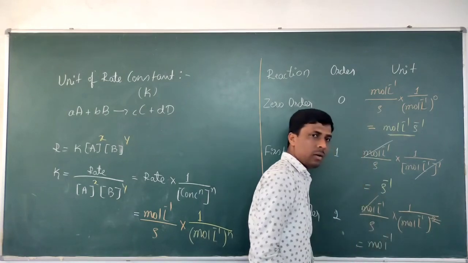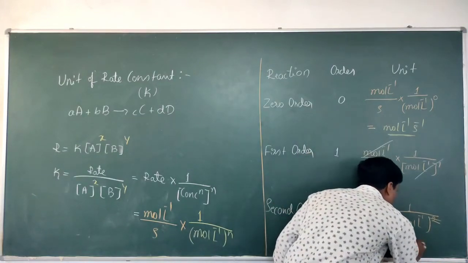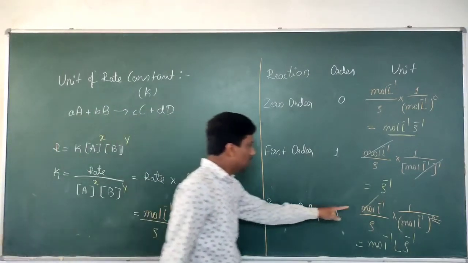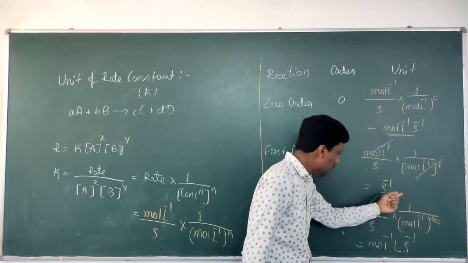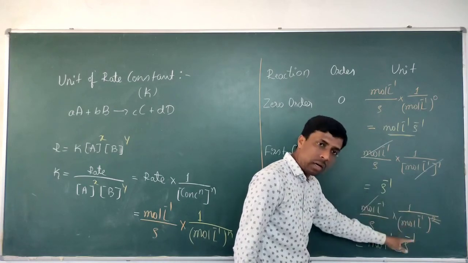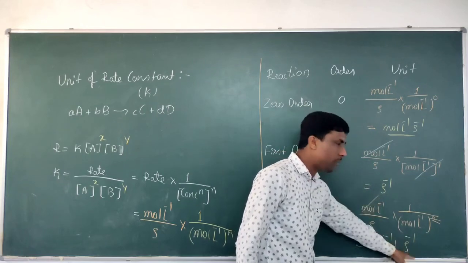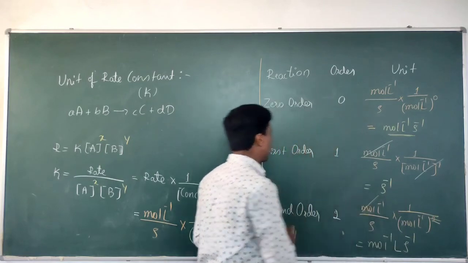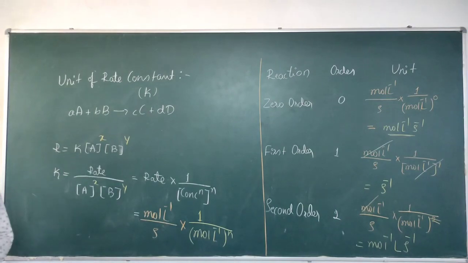Per mole liter per second. Whenever the mole comes to the numerator, it becomes per mole. Whenever the per liter comes to the numerator, it becomes liter. It is already present in the denominator. Therefore, per mole liter per second is the unit for rate constant for the second order reaction.